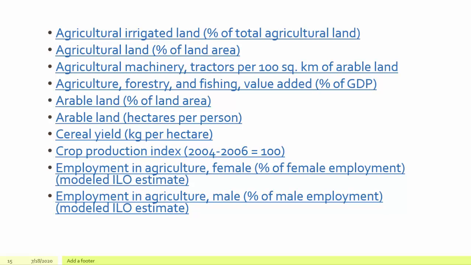There's also another indicator there, agricultural land, percentage of the total land area. You can already see why it's being tracked, because if production is low in a certain community, the question is why.